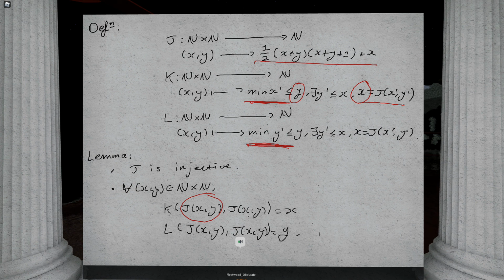The point is J is increasing, right? So the core observation is that if I have a pair of natural numbers, x, y, and I map that pair along J, then I end up with a value which is strictly larger than x and y, right? And so I don't have to look for the minimal x value across all natural numbers. I only need to look for the minimal x value that is less than J of x y. Because if it doesn't exist there, it's not going to exist anywhere.